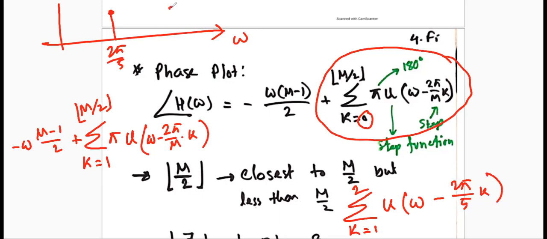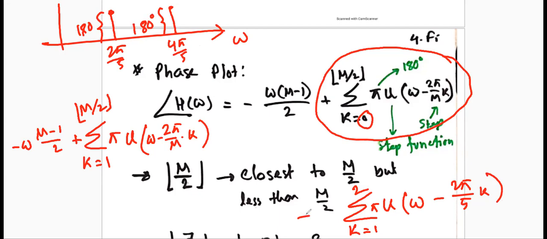At k equal to 2, we have the second stem. That is 4 pi divided by 5. So those are the stems, and then each stem is multiplied with pi. Now, what is the value there? 180. So 180 is the value.